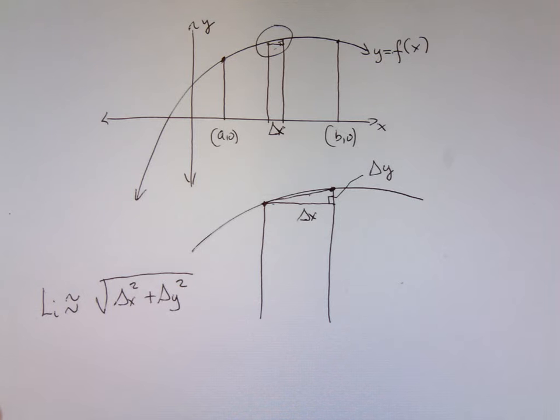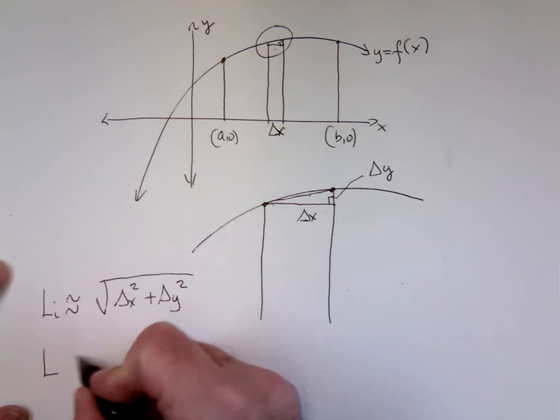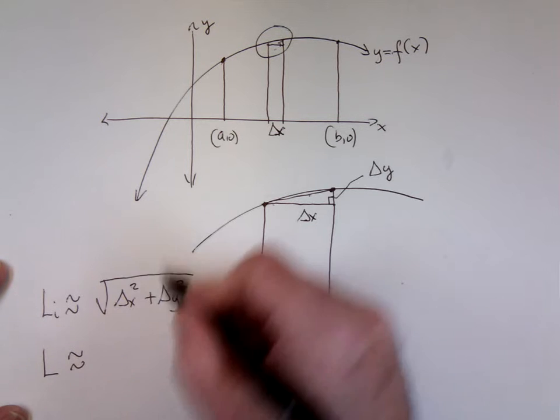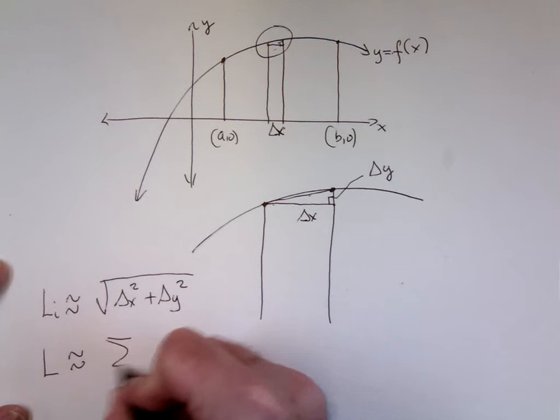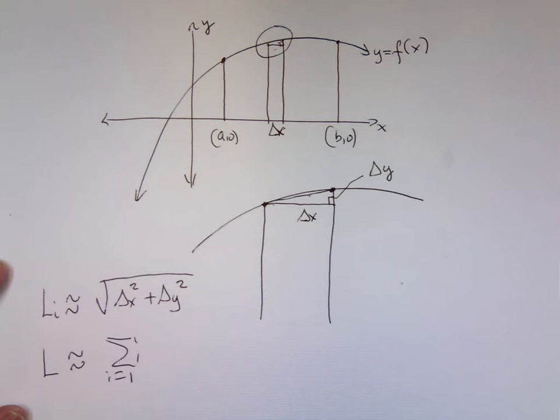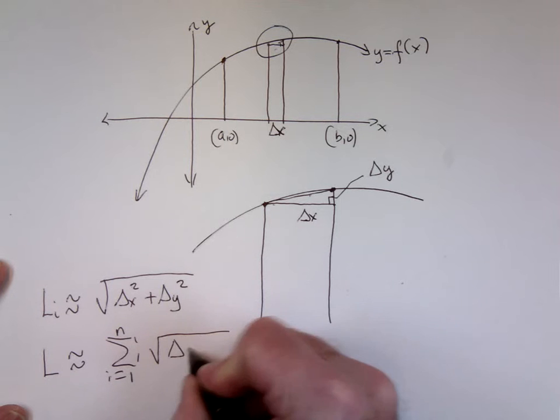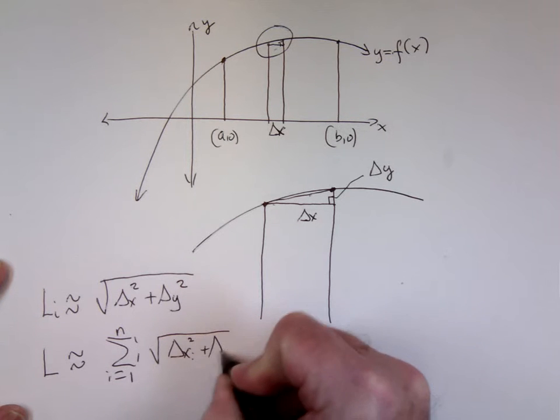Well, I can sum up all those approximations to get an approximation for the arc length of this curve. If I divide this up into n little subintervals, I take the sum of all these little subintervals, like so.